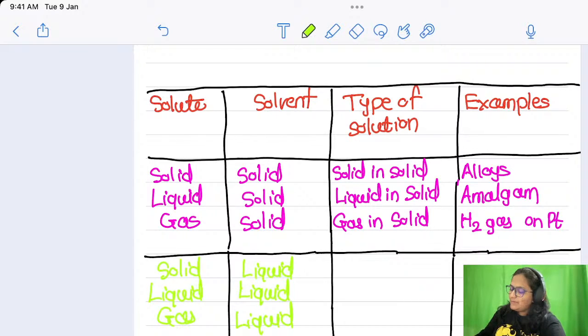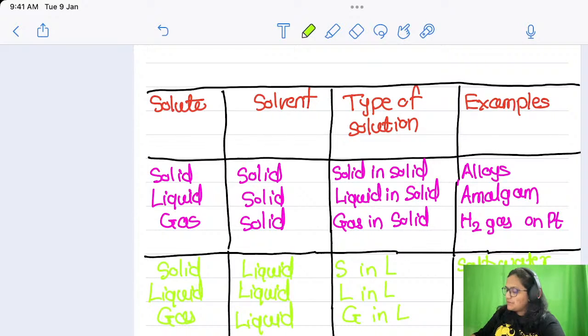So solid in liquid will be called as solid in liquid. I'll write down S for solid, L for liquid. Solid in liquid, liquid in liquid, and gas in liquid. Okay, so solid in liquid means the salt water or sugar solution in water.